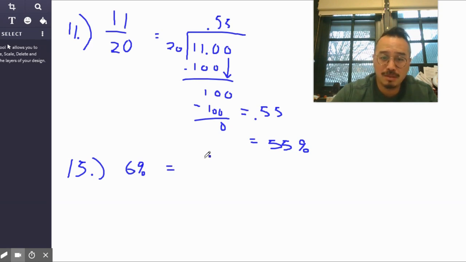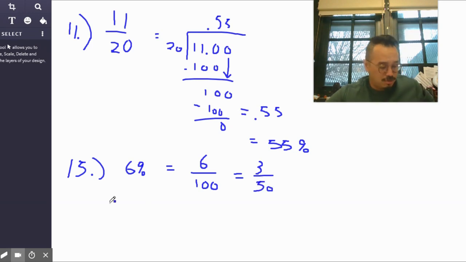So what I mean, look at the screen. 6 per cent. What's cent? 100. 100 cents is $1. So 6 over 100. Now you got to reduce. Don't forget that. Always be reducing. So 2 going into 6 3 times, 2 into 100, 50. So there you go. There's your simplest form answer.